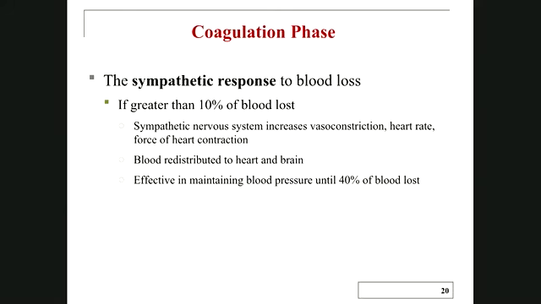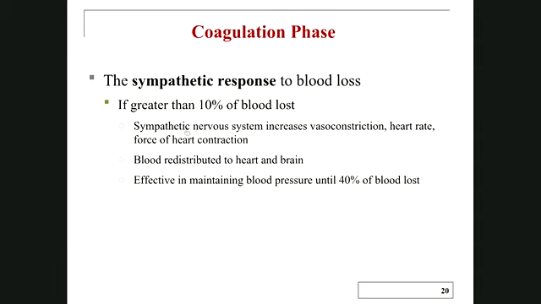And you need to know that when we have blood loss, the sympathetic nervous system becomes activated, and this sympathetic response becomes activated when the blood loss is more than 10%.